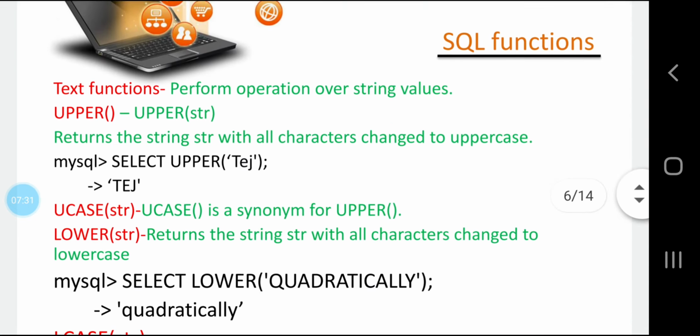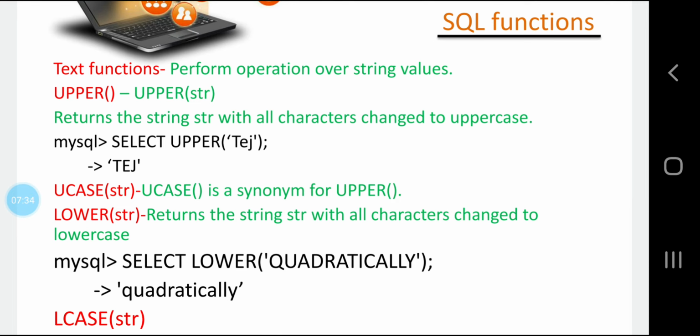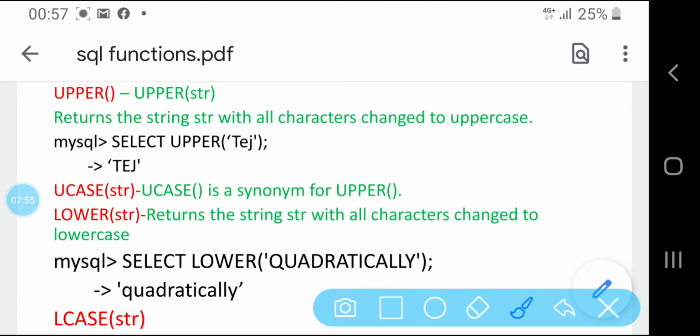Now the next function is the upper function. Before that, these functions come under text functions. Text functions perform operations over string values. The first function is upper, and it will return the string with all characters changed to uppercase. If you want to convert all the characters of a string to uppercase, you have to use the upper function.